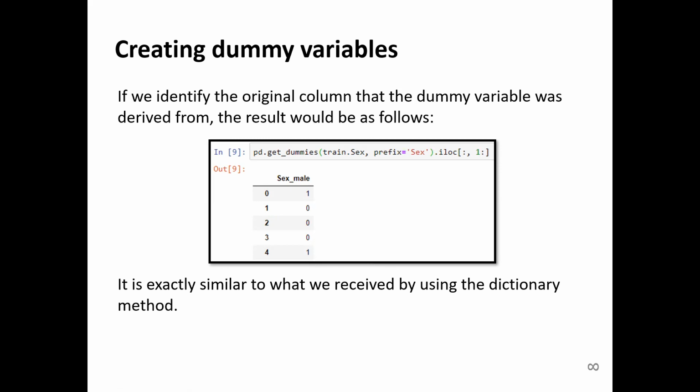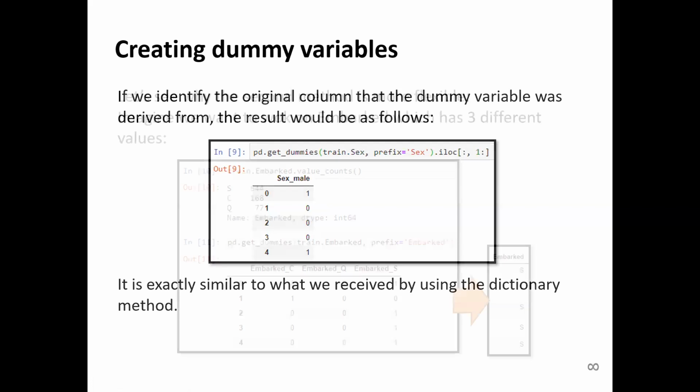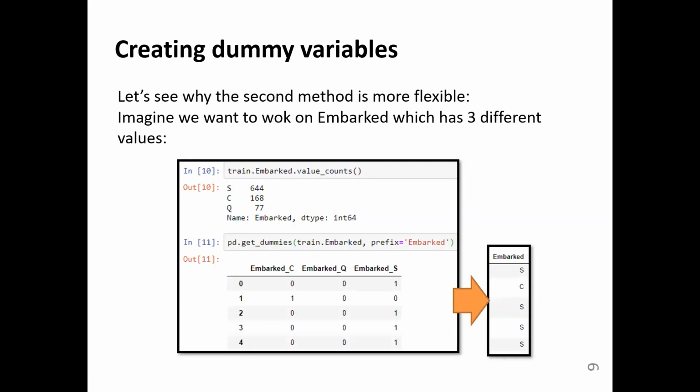Next thing. Okay, I want to create one. Can you please check embarked? Say train.embarked.value_counts. If you do that, you're going to see we have three classes: embarked S, embarked C, and embarked Q, right?